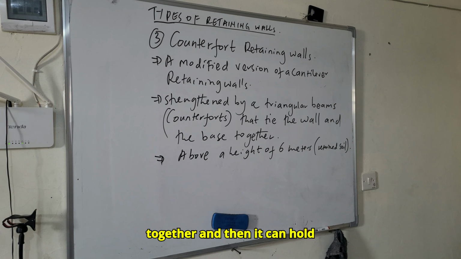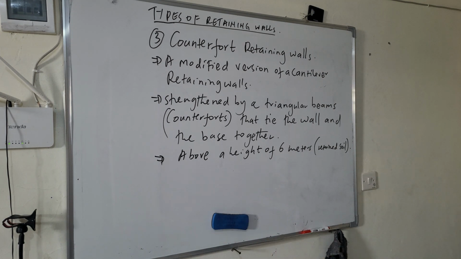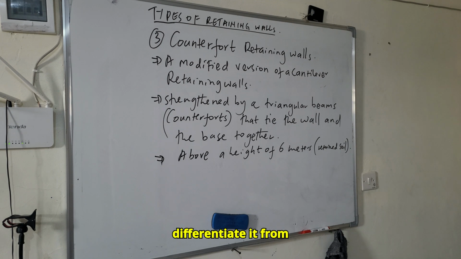And then it can hold soil above a height of 6 meters. So that is all about counterfort retaining walls, and I will draw it so that you can differentiate it from other retaining walls.